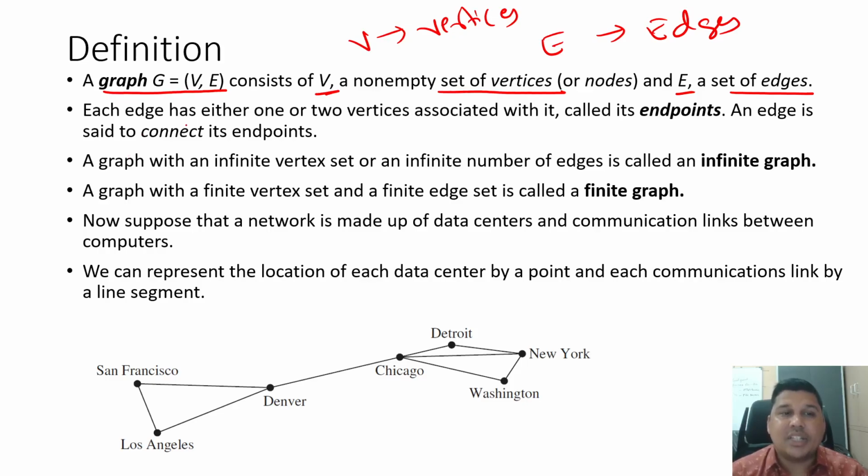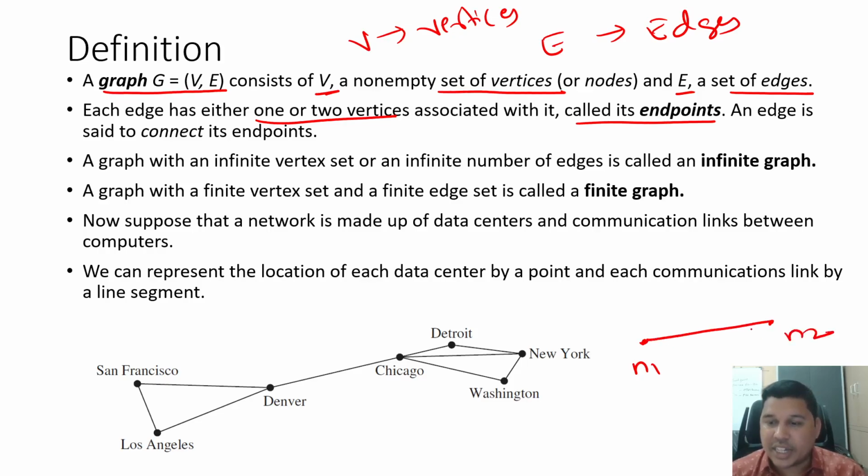Each edge has either one or two vertices associated with it, and they are called endpoints. Means if I have a node N1 and another node N2, N1 and N2 are the vertices, and this is edge E1. So N1 and N2 are called the endpoints for this edge E1, right?